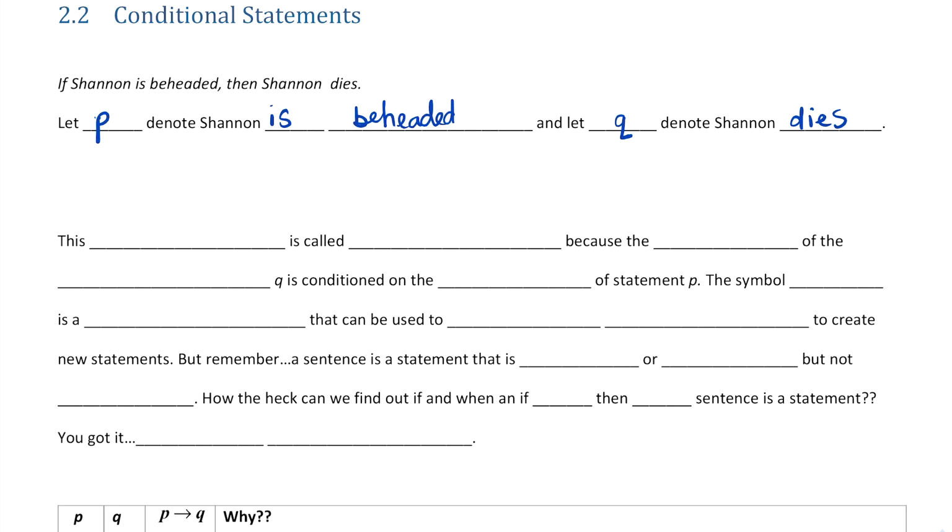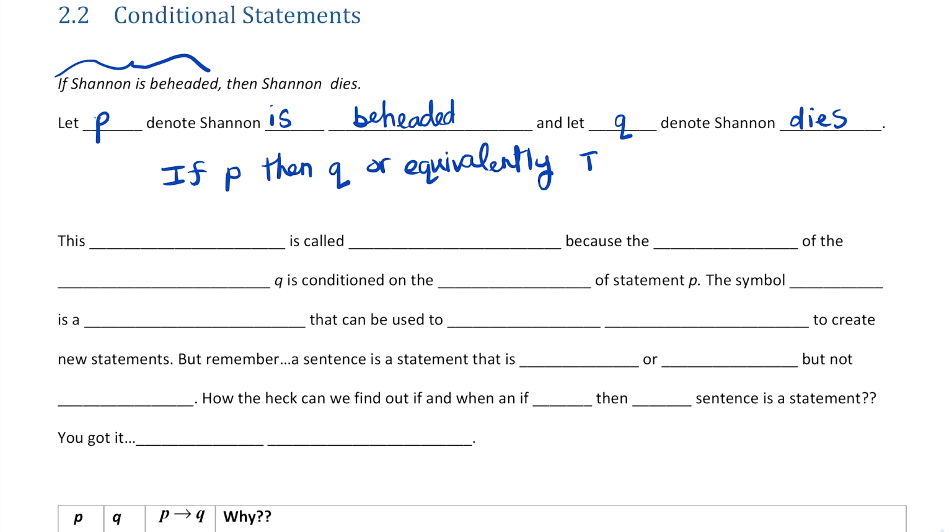Well, if P is this part of the statement, we would end up having an if P, then Q, or equivalently, we introduce this symbol here, this arrow. So then you would have if P, then Q. Cool?